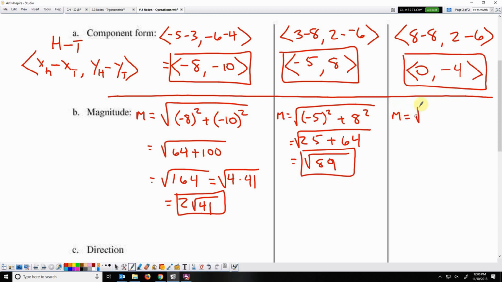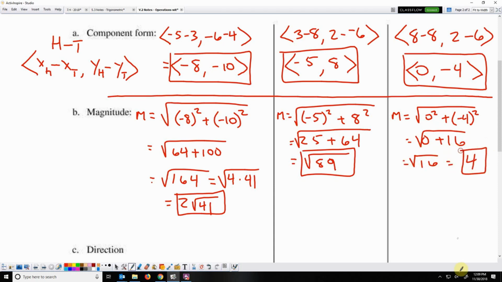And then the square root of 0 squared plus -4 squared. 0 plus 16. Square root of 16 is 4. So the magnitude of this vector is 4.